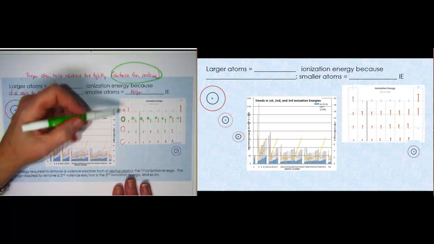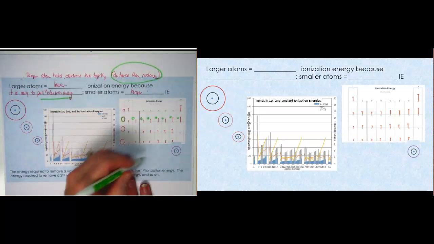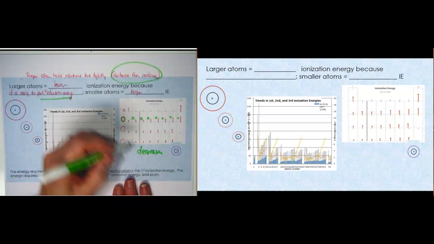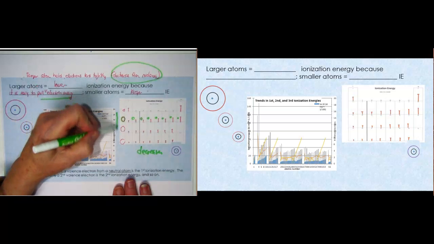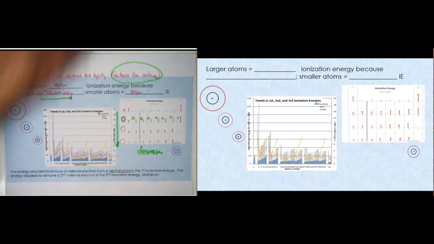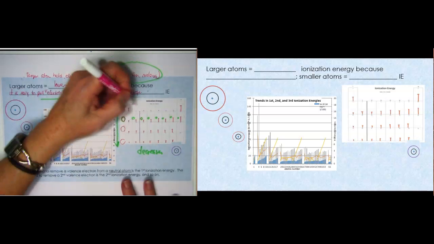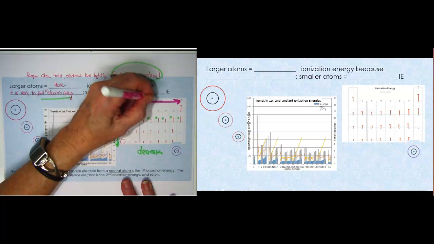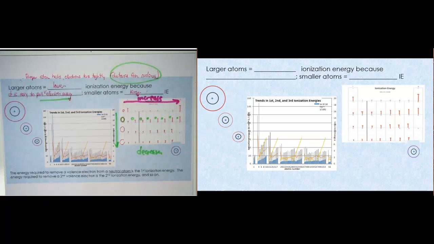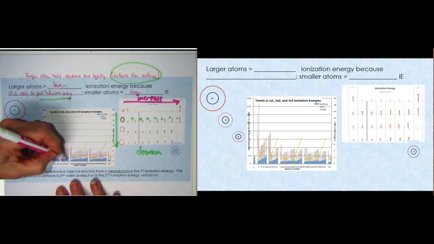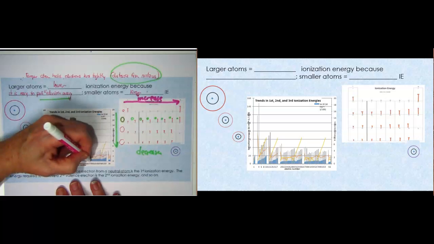All right. So here's this graph, and you can see that it decreases going this direction. It decreases going down. It increases going across. All right, let's look here and see. Again, here's your period, and look, it increases going across.